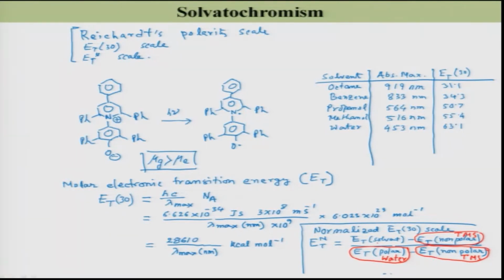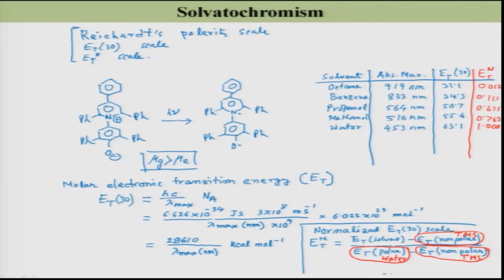That is it. So, now I convert this ET30 scale to a normalized scale of polarity, which is known as the ETN scale. Now, if I write the corresponding values of ETN, octane becomes 0.012, water becomes 1.000, methanol is 0.762, propanol is 0.671 and benzene is 0.111.